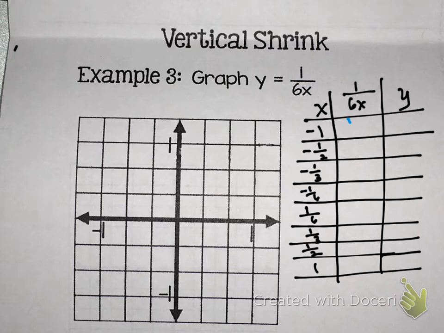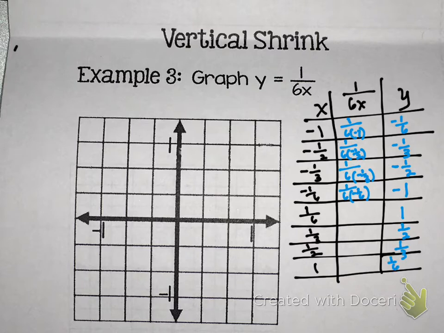So if you have 1 over 6 times -1, you're going to get -1/6, and 1 over 6 times -1/2 is going to give you 6, half of 6 is 3, so you're going to get a -1/3, and then 1 over 6 times -1/3 is going to be 1 over -2, or -1/2, and 1 over 6 times -1/6 is going to be -1.